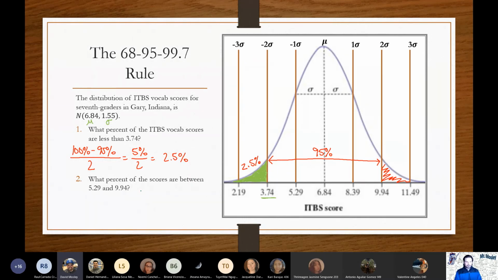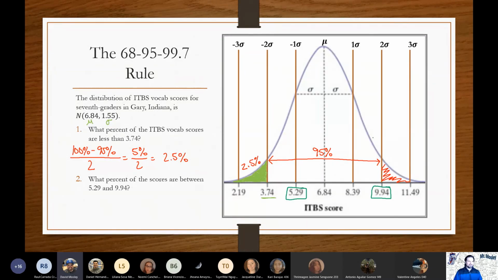Okay. So then the next question is, what percent of the scores are between 5.29 right over here and 9.94? So now I'm not looking at this entire 95% or just a section of something else.